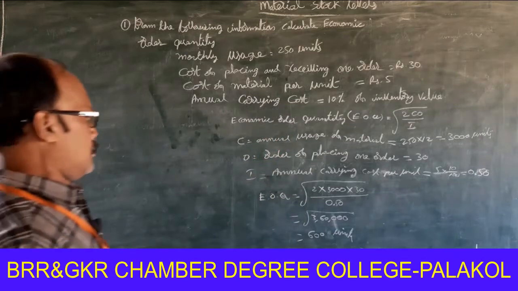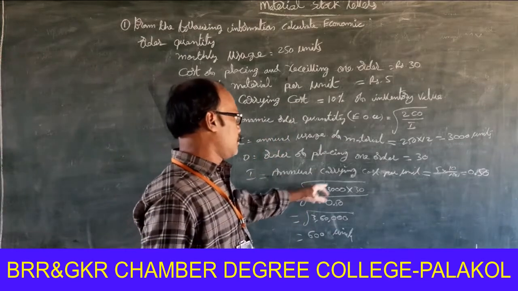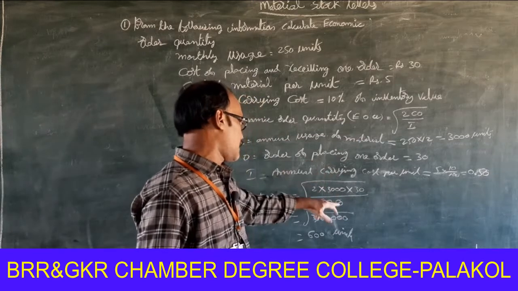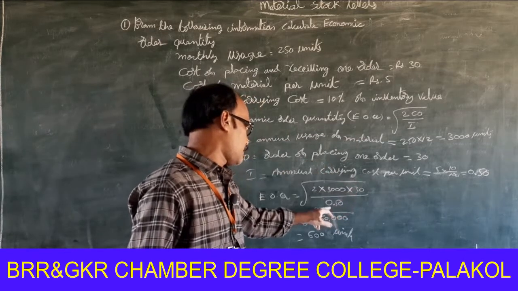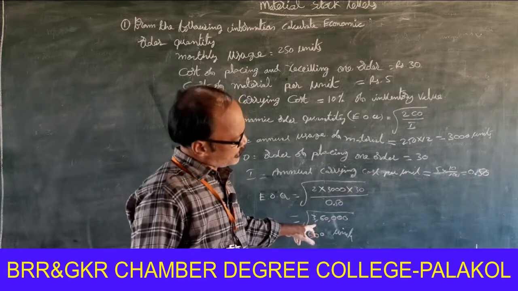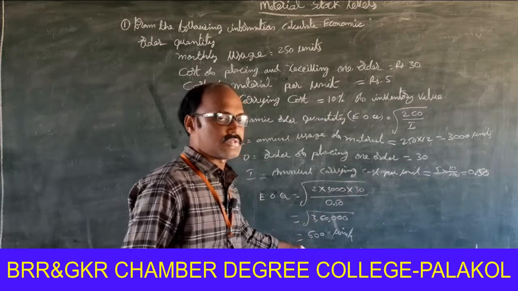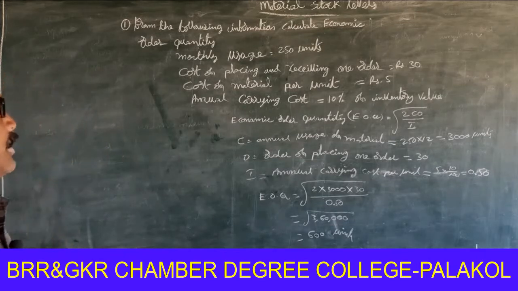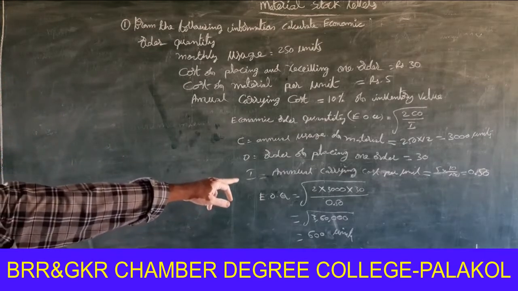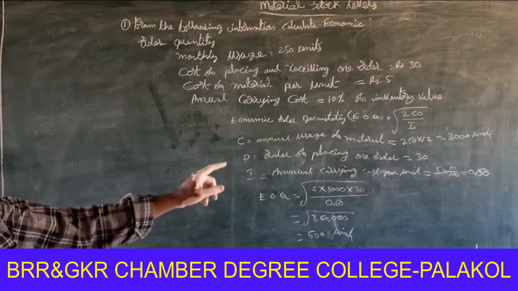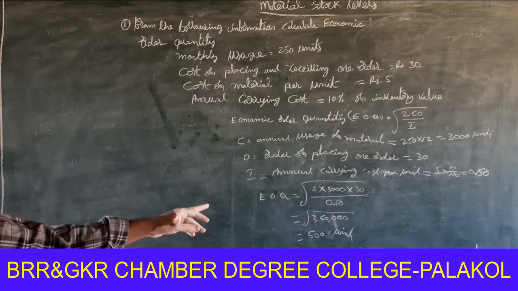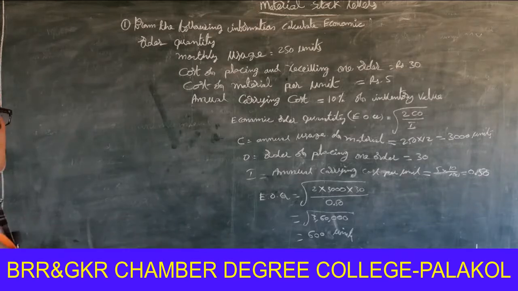Once again, C is 3,000 units, the cost of placing an order is 30, and I is 0.50. The root of 3,60,000 gives 600 units, to be treated as the EOQ.